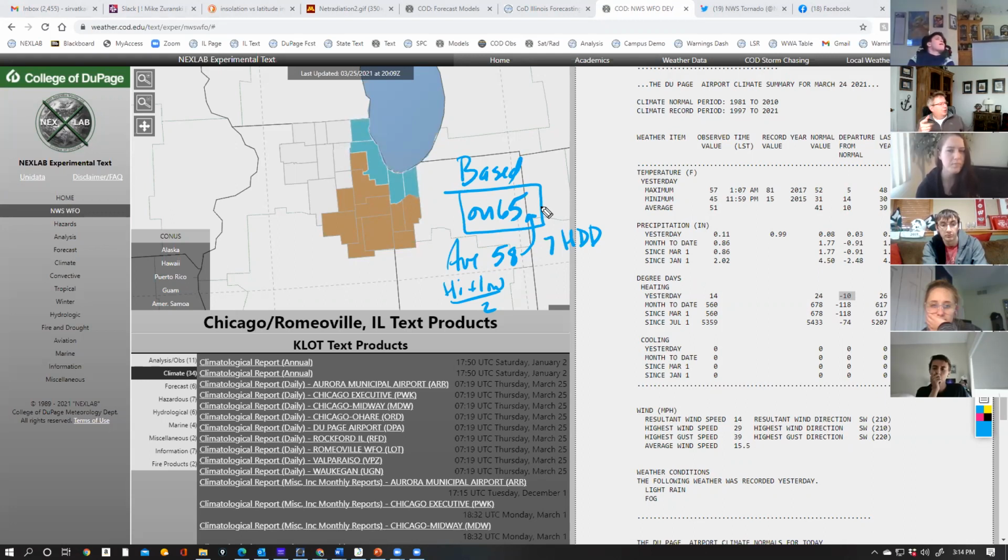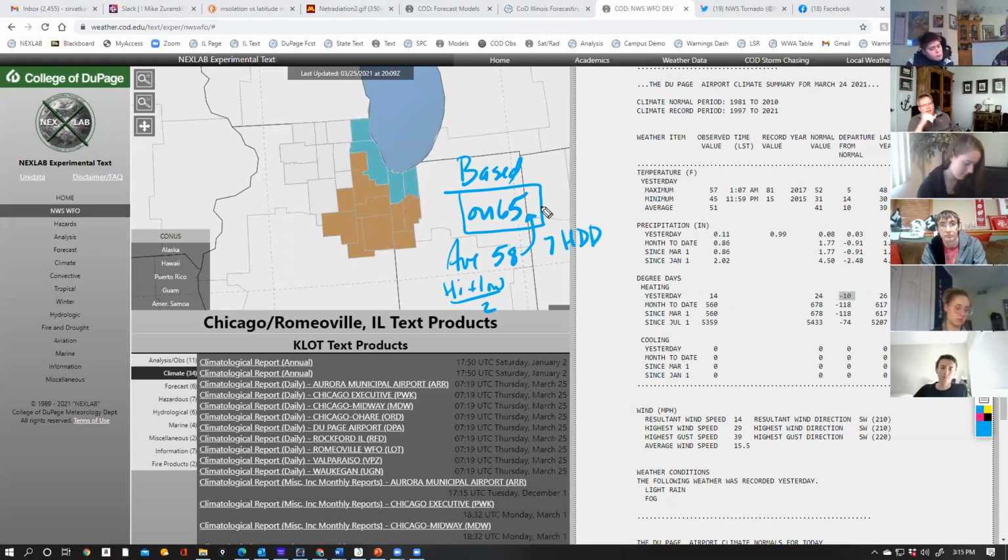So if you look at your graphs or the numbers you had, when did we start getting into cooling degree days? What day? Around June 15th. So it's not until June 15th that our average temperature is 65.